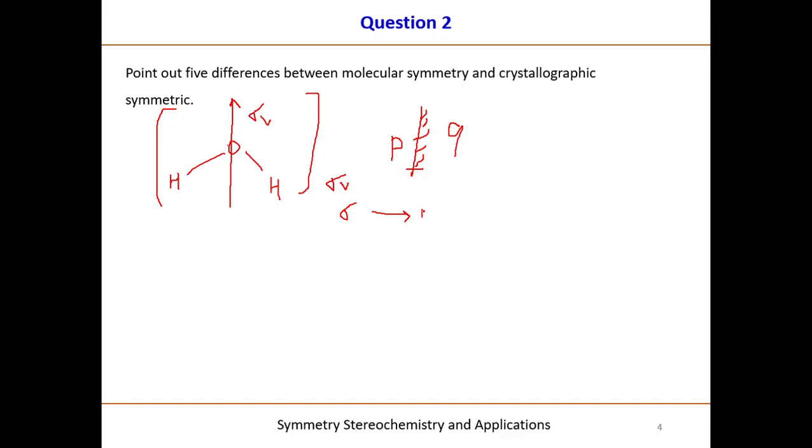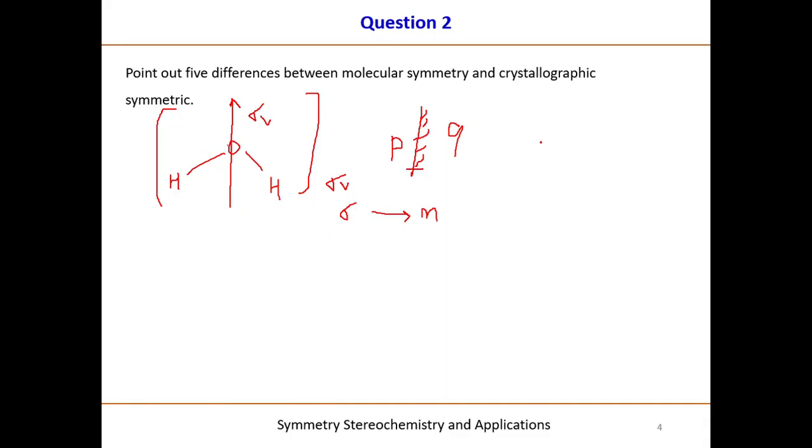This is the first difference, or second, because it could pass through the space around the molecule, while molecular symmetry should pass through the molecule, and in crystallographic symmetry it could pass through space also. And the second difference is that the plane is denoted by M, that is mirror plane.